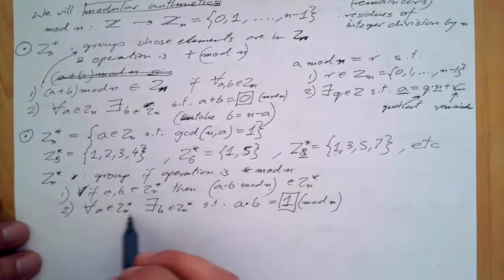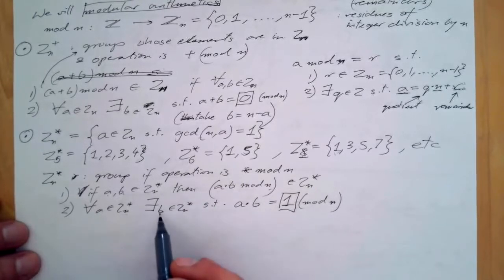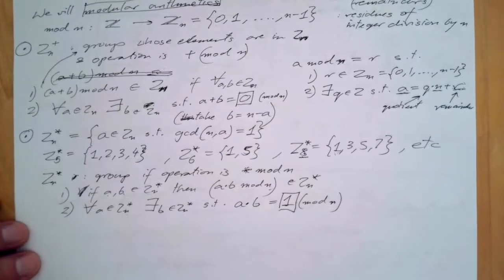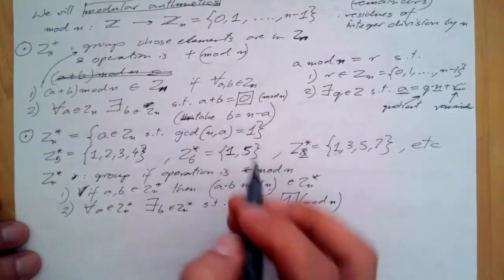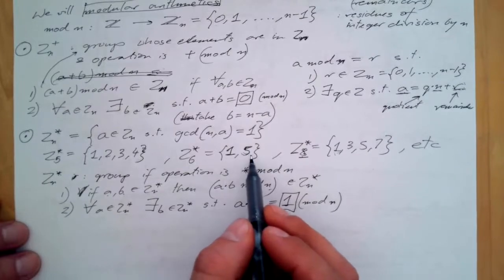But this is a more interesting thing: for every element, there is another one such that if I multiply them, I get 1. For example, for this group, 1 is its own inverse. 1 times 1 is 1. What about 5?